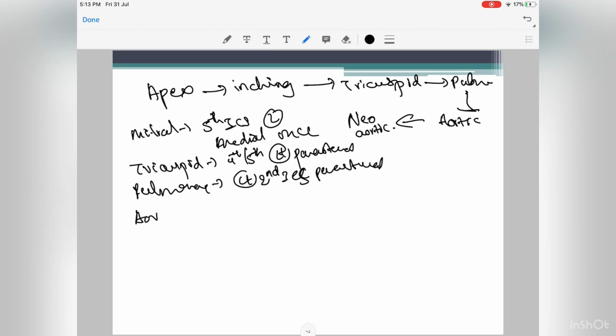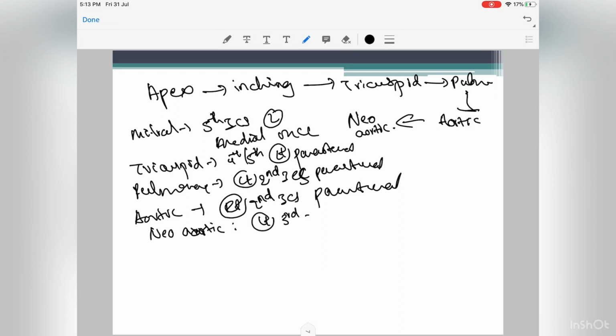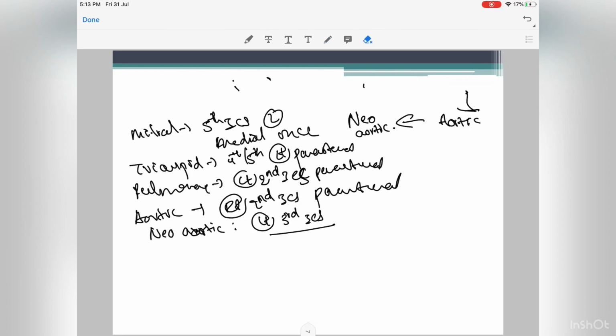Then the aortic area, which is the right second intercostal space, parasternal. And the neo-aortic area or Erb's area is the left third intercostal space. So these are the areas to be auscultated.